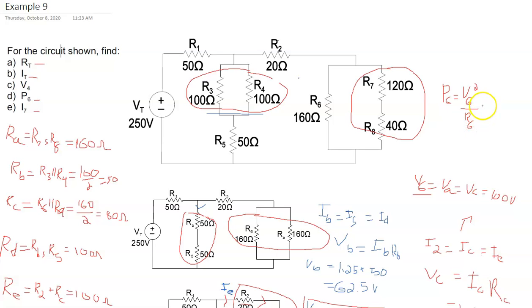And that's simply because P is V squared divided by R. So we have the 100 volts for V6, and we're going to square that and divide by the value of R6, which is 160 ohms, and come up with P6 is equal to, if you do that calculation, 62.5 watts. Okay, so that is the answer to part D.